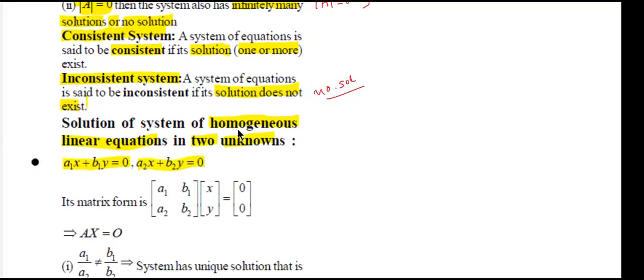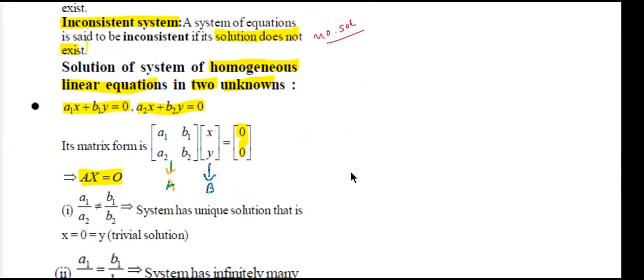The right-hand side term, that means the constant, is 0. So we can write these equations in matrix equation form AX is equal to 0. A is called the coefficient matrix. X is called the variable matrix. And the constant matrix is the null matrix.